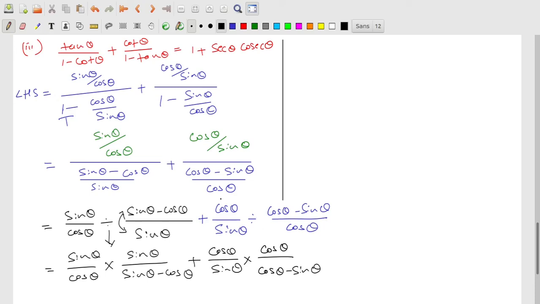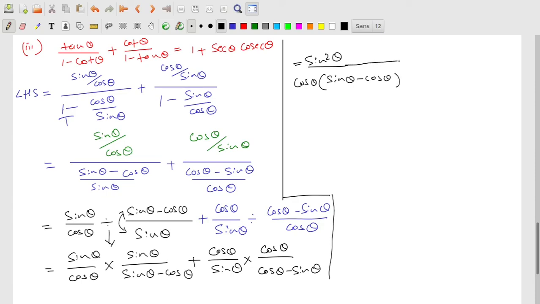We are just solving some fractions here, fine. So next, after this step, sin theta by cos theta, so just multiply. What is sin theta into sin theta? You will get sin square theta divided by cos theta into sin theta minus cos theta, keep as it is, cos theta into sin theta minus cos theta.